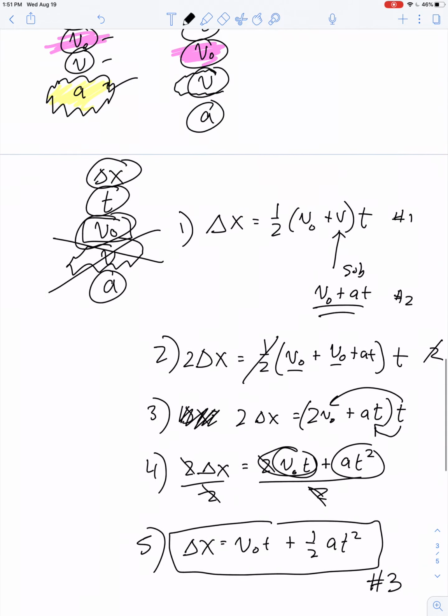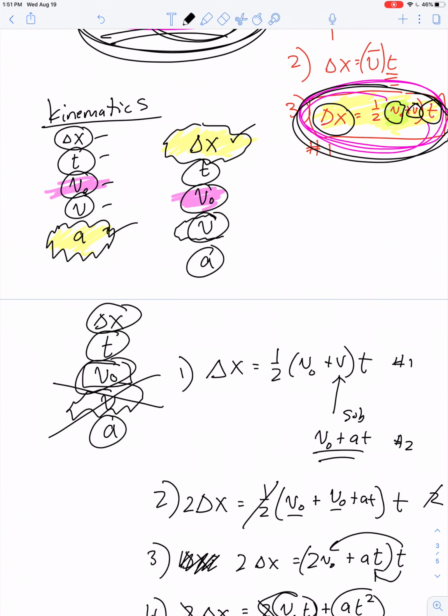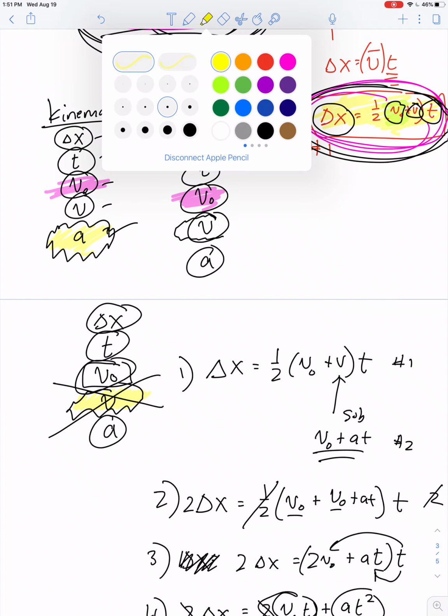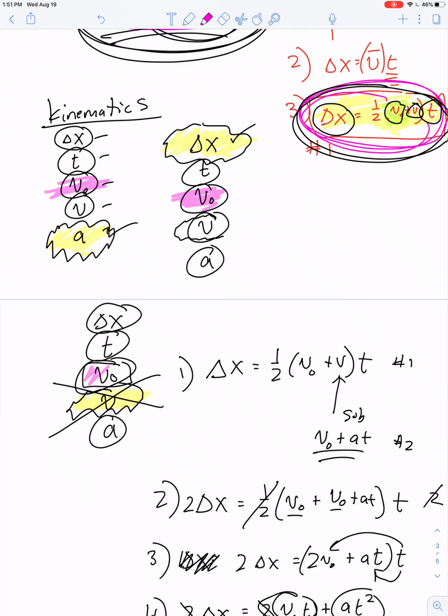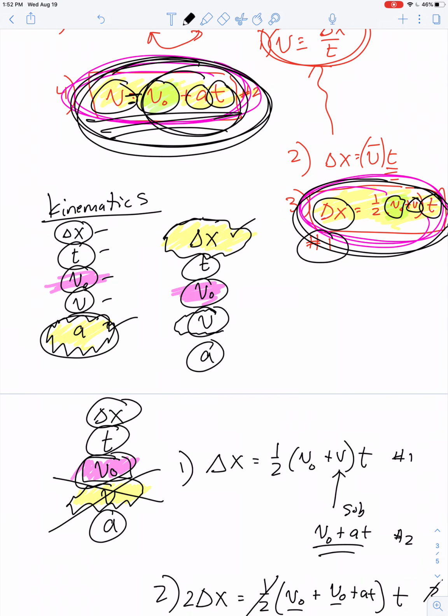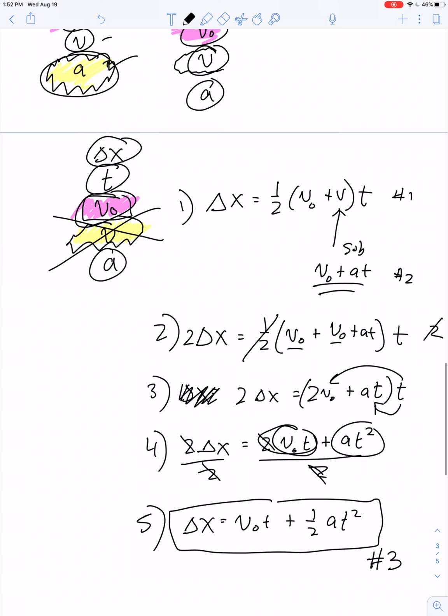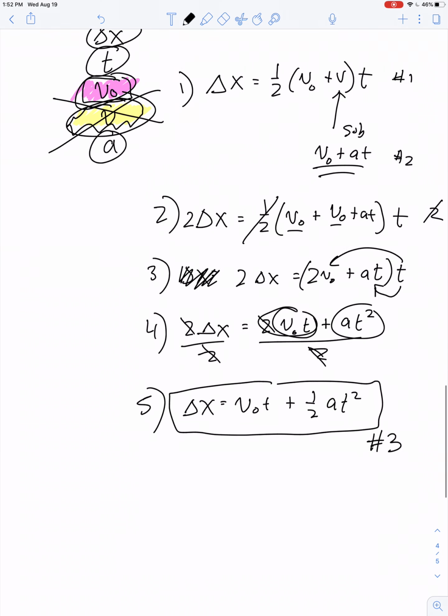So you know where I'm going with this one. The last thing would be to say, what if there was a situation where a problem is described telling us about the motion of an object, and although we always have to be given initial velocity, maybe instead of being uncertain about the acceleration, which would lead to the use of equation number 1, or being uncertain about the distance traveled, which would lead to the application of equation number 2, or even being uncertain about the final velocity, which would lead to equation number 3.